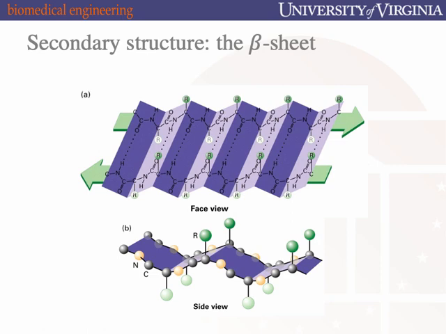In this other secondary structure called the beta sheet, you have hydrogen bonding occurring conceivably at very, very distant carbonyls and amines in the structure. And so here we have a peptide sequence, one region of a protein, and then somewhere else in the protein there is another peptide sequence that's shown here, hydrogen bonds bringing them together.